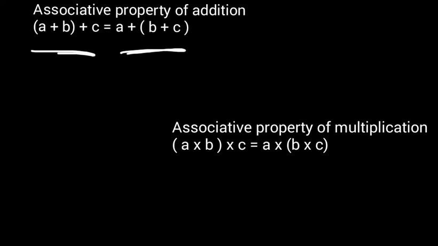The first one grouped A and B together, and the second one grouped B and C together. Same thing for multiplication. The parentheses look like they shifted over or moved. So that's all that's different. You're adding 3 things or multiplying 3 things. The order isn't important.